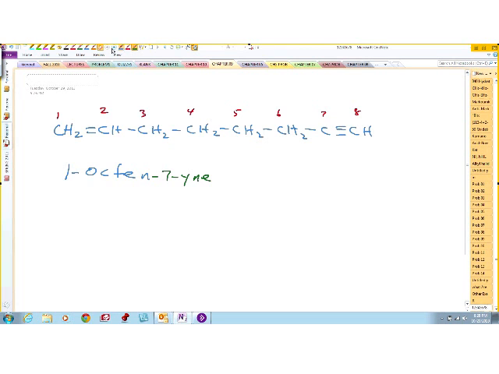Now, if you have some other branches here, supposing you have a branch here, you still have to follow the same rules that we have been following in terms of alphabetizing. You have chlorine here, for example, and let us say we have a methyl here.